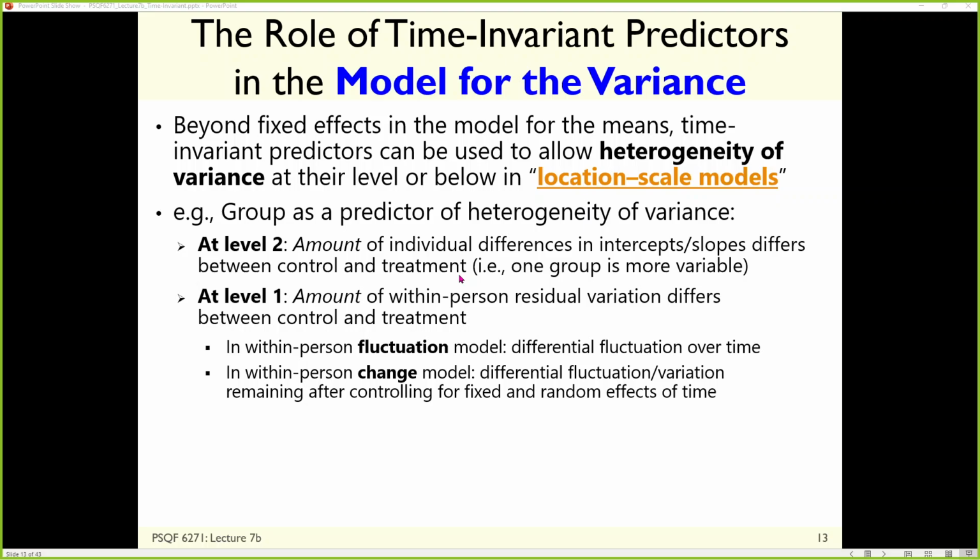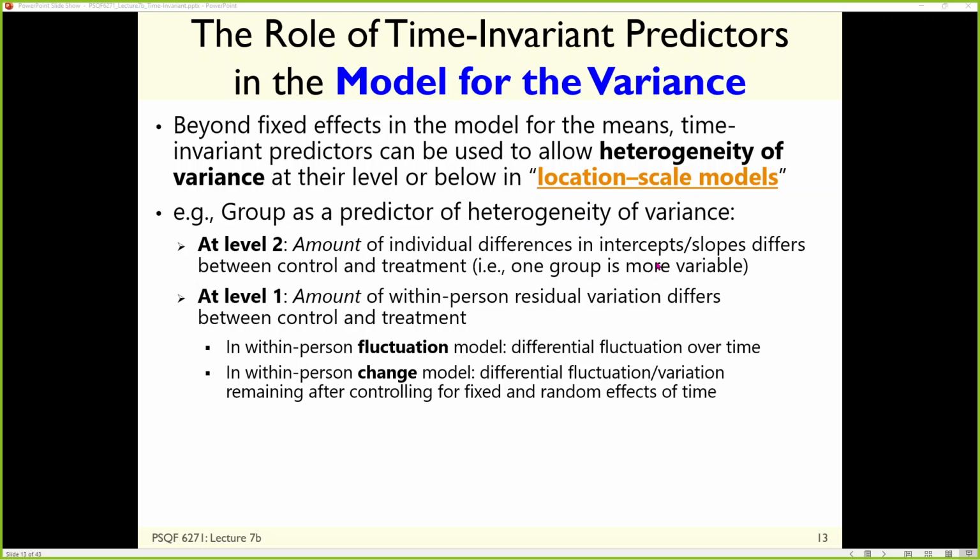So maybe after treatment, people in that condition are more variable relative to each other than people in the control condition. That could be a thing, and actually is a thing. Differential response to treatment would create differential heterogeneity of variance. So at level 2, you could introduce separate G matrices by group. Likelihood ratio test to see if that makes the model happier.